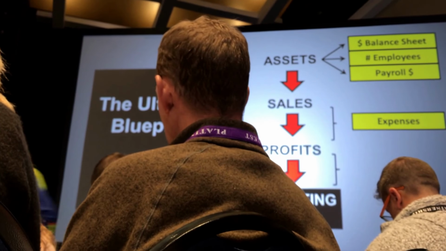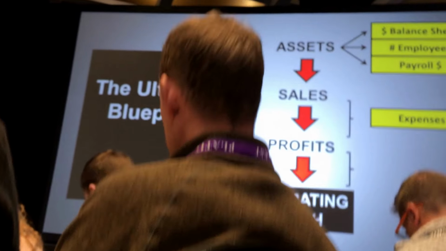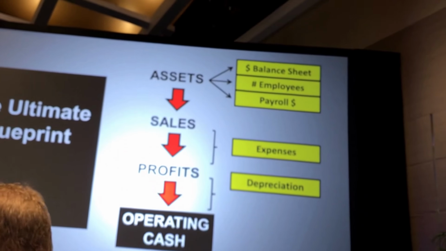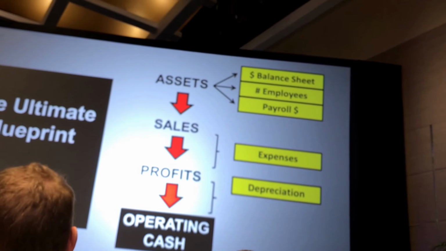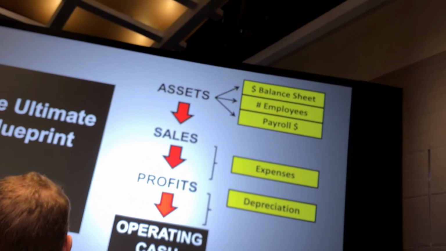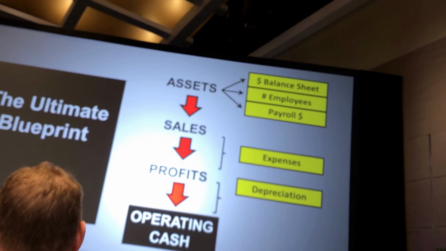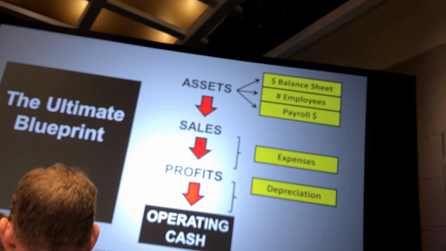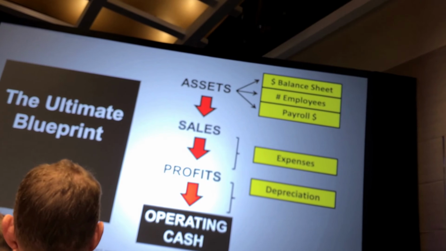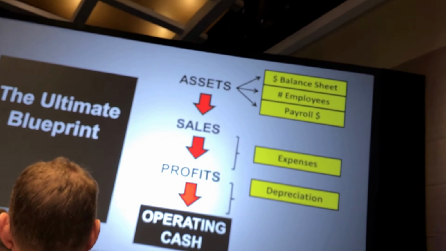And the four levers are the differences between profits and cash flow: depreciation. Depreciation is an expense for purposes of profit, but it's not cash.